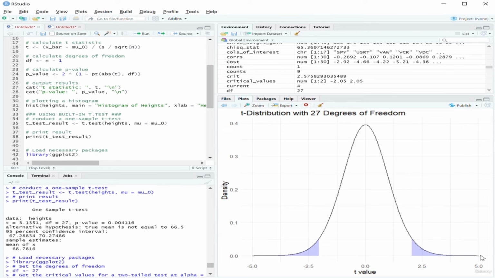But we care about it just not being equal, right? Our alternative hypothesis is that the population mean is not equal to the hypothesized mean. So we care about any values that are extreme enough that they are definitely greater than it on this side, and any values that are extreme enough that they are definitely less than it.